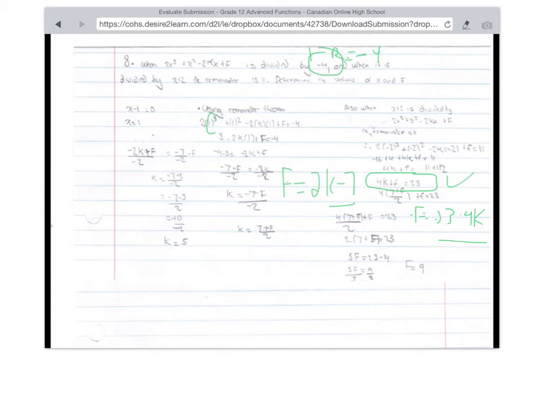It looks like you've done everything correctly until you got to this point here. When we're dividing both sides by 3, you want k equals 9 divided by 3, which is 3. So your point kf is really 3, 5. Okay? So that's just a minor little error there.